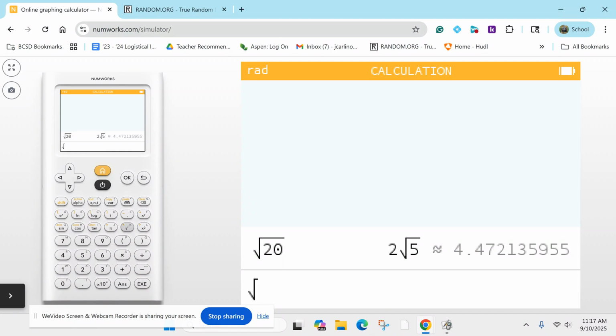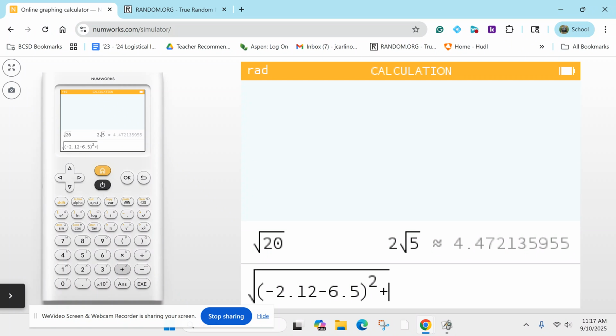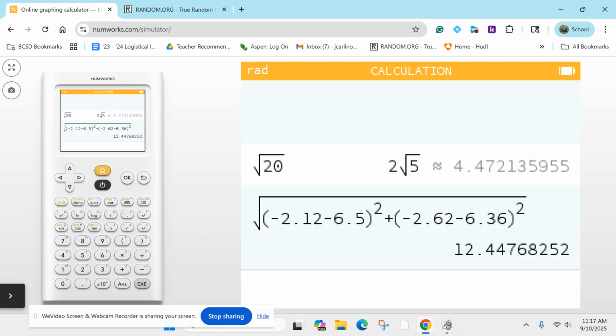So big square roots. And there are times like this where your calculator is unable to give you an answer in radical form.